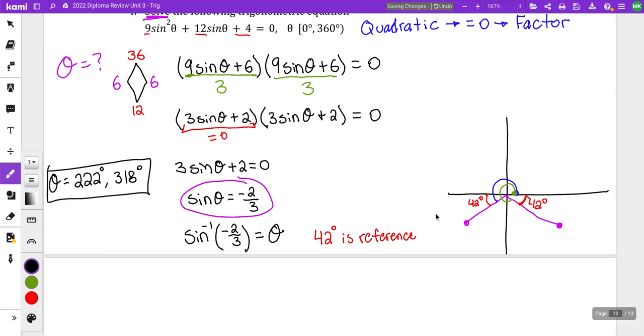Yeah, Messiah. When we're given a sine value, how do we know if it's just the y or if it's y over r? It's technically both. When I say it's the y value, that's assuming unit circle, which is assuming r is 1.